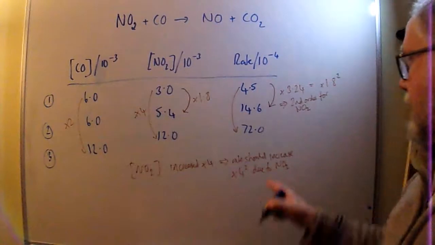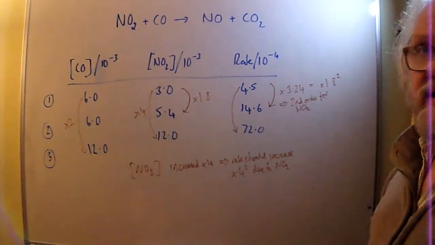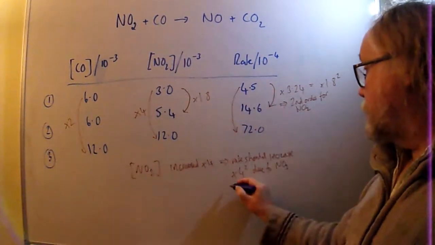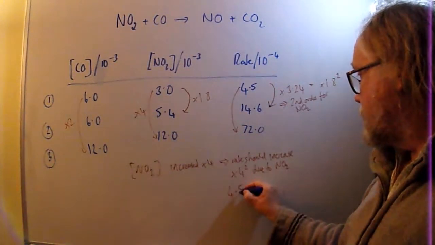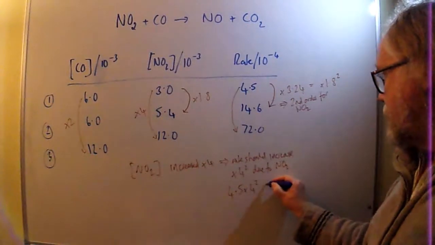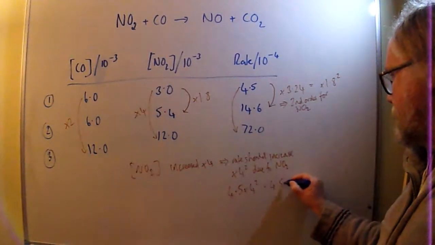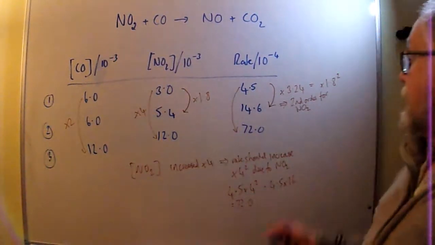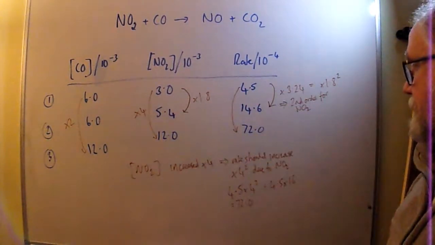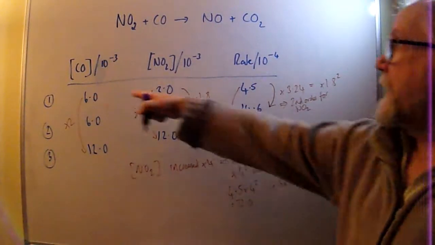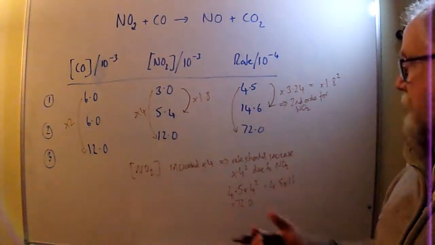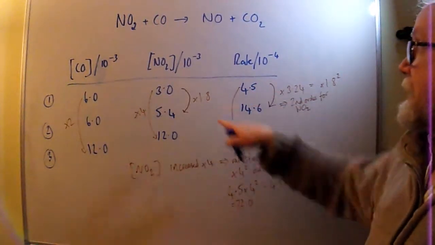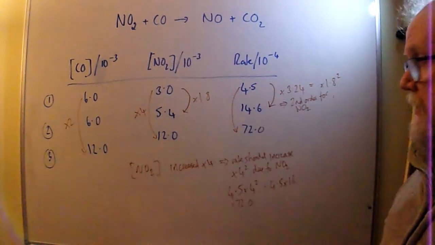And then the question is, how much more does it change after that? Okay, so we just work out, therefore 4.5 ×4 squared is 4.5 × 16, which equals 72.0. And that actually is what the rate is. In other words, the fact that we then changed carbon monoxide as well made no difference. The rate change is entirely explained by the NO2 concentration.